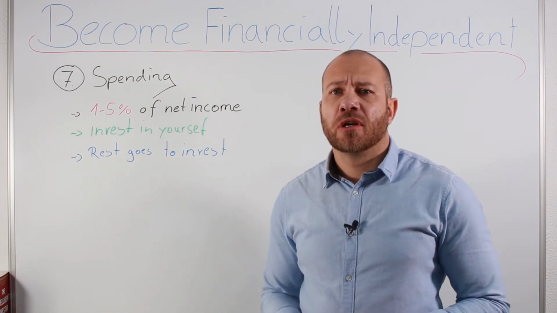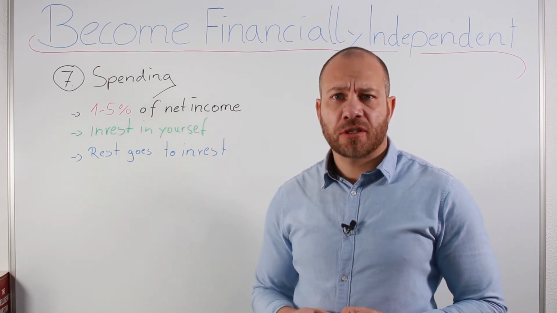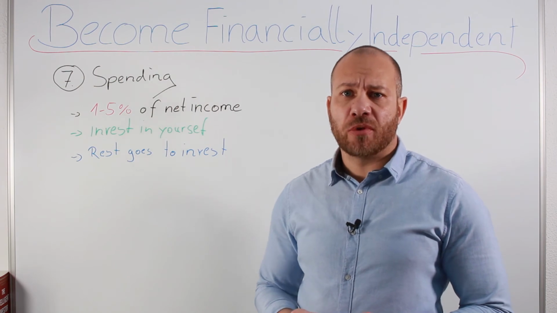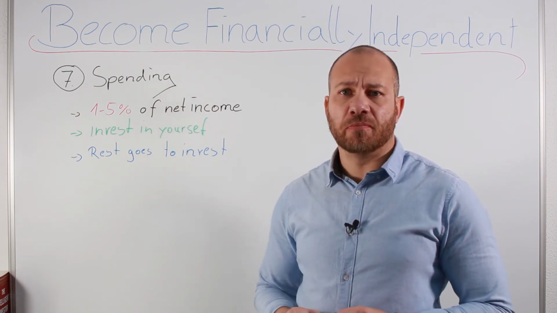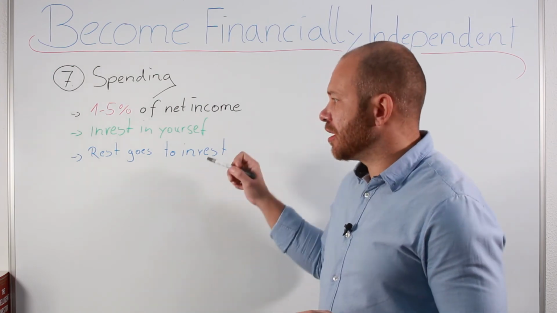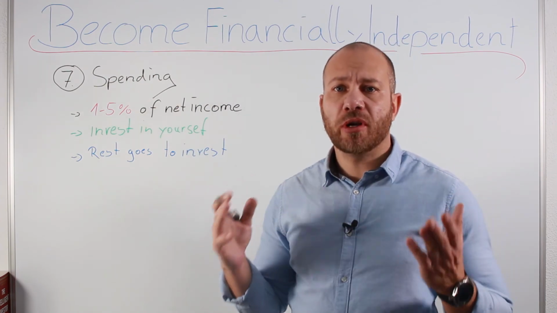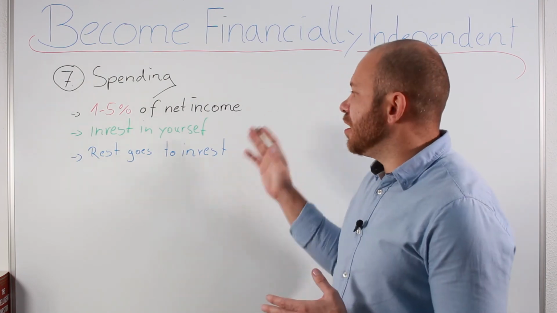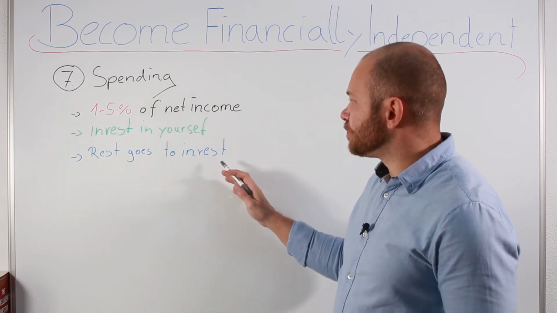Buy books, go to an online campus and do things like this, which makes you smarter and you can make money with it. Because your biggest lever is your wisdom, which you can sell, okay? Which increases our income, and if we have more income, we have more money available to invest, okay? And that is the next step.